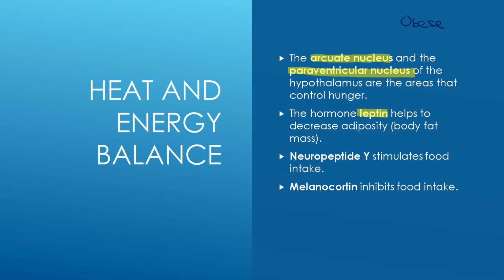So obese codes for leptin. Obese is the gene, leptin is the protein. In both mice and humans, leptin helps to decrease the amount of adipose tissue and the total body mass. So it helps to decrease that total adiposity.